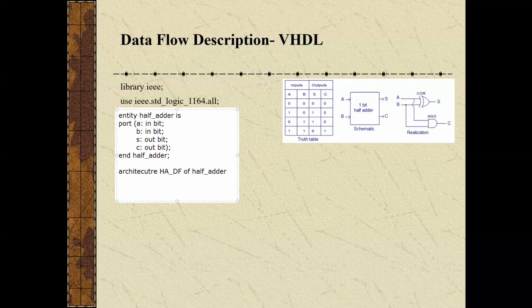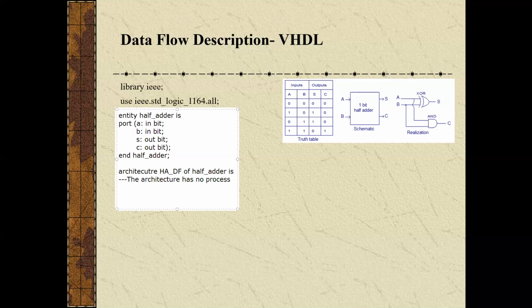For what entity we are writing an architecture, we have to mention here. The name of the architecture should be different from the name of the entity, and we have to call the name of the entity after writing the name of the architecture. Here I am mentioning that the architecture has no process.